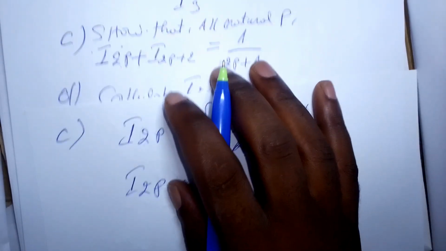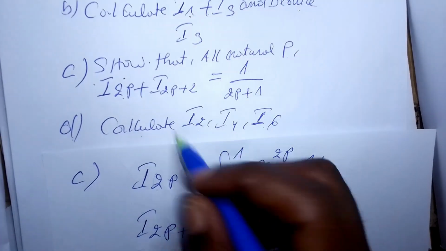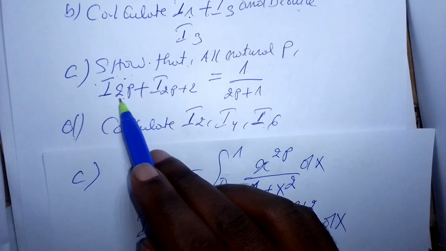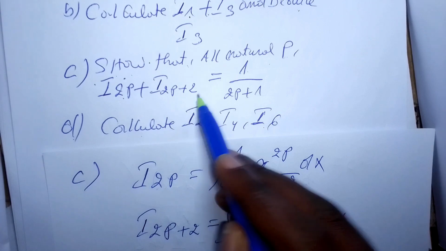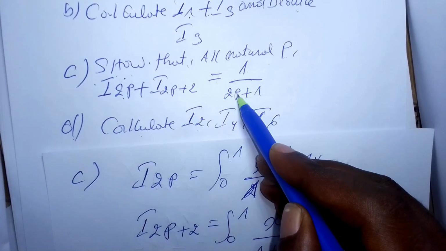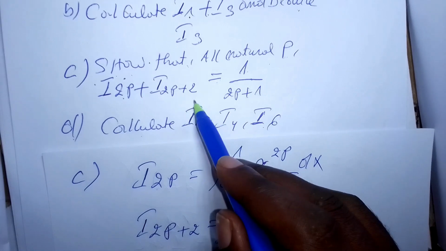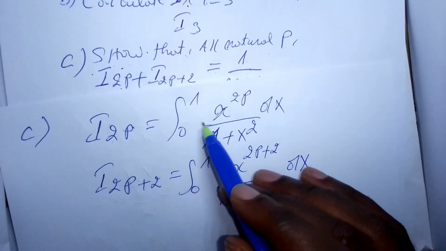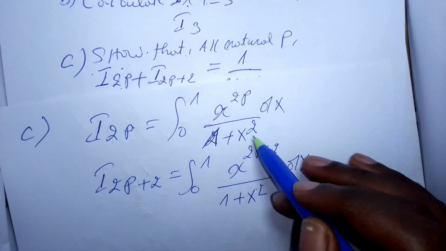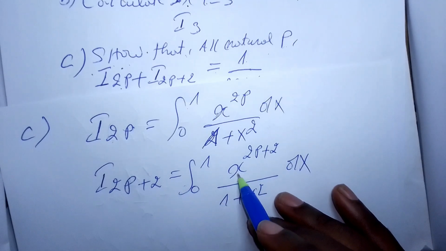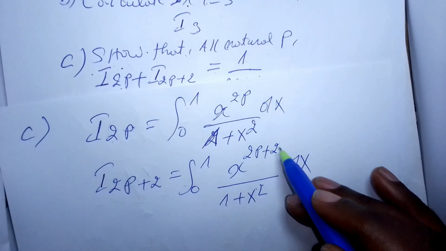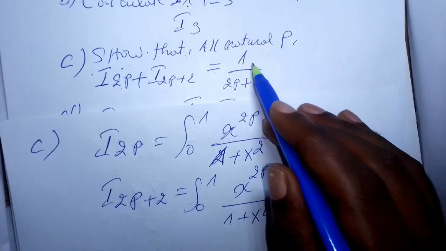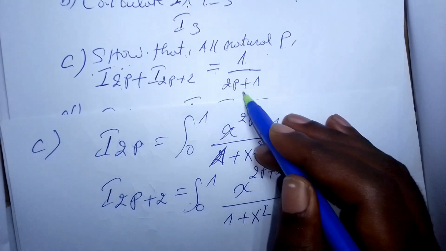In our question they tell us to show that for all natural p, I2p plus I2p plus 2 equals 1 over 2p plus 1. So we are going to prove that if you take the integral of x power 2p over 1 plus x square dx, plus the integral of x power 2p plus 2 over 1 plus x square dx, it will be equal to 1 over 2p plus 1.